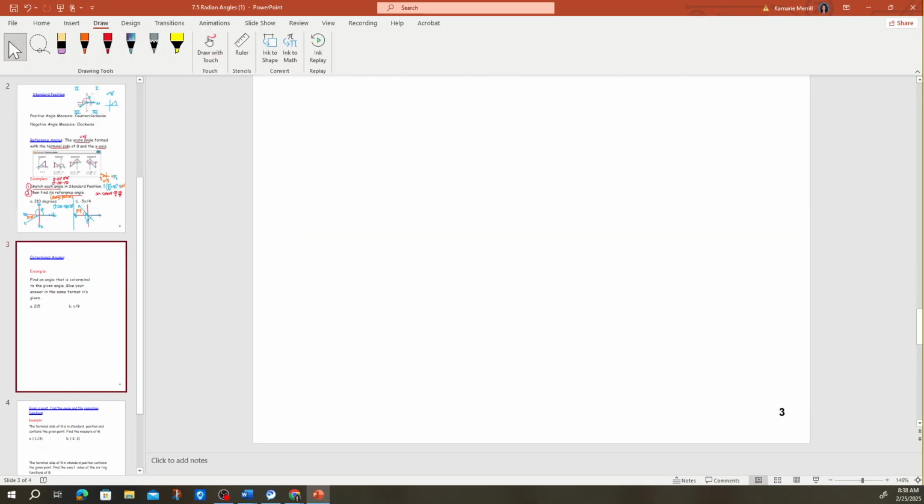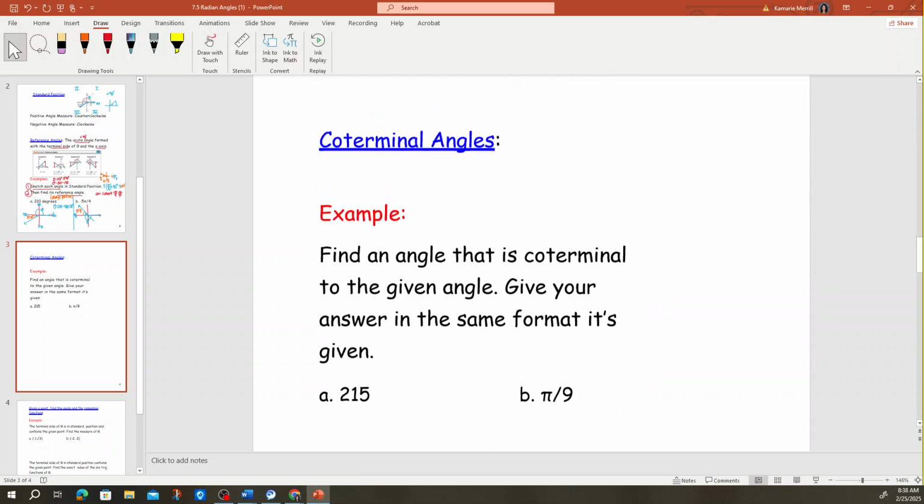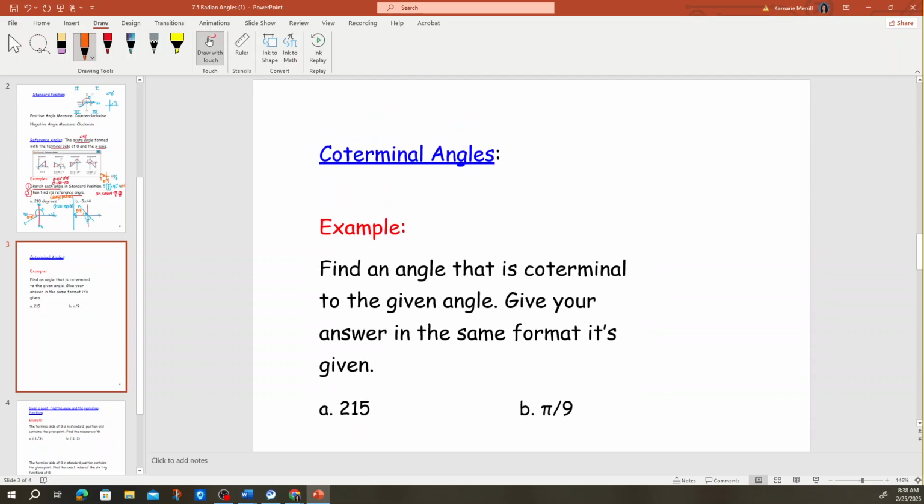We want you guys to be able to graph coterminal angles. What do you guys think coterminal means? Use common sense. Use reasoning. Coterminal, I'm going to start you off. Same.